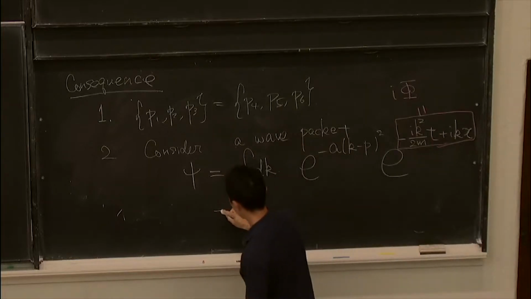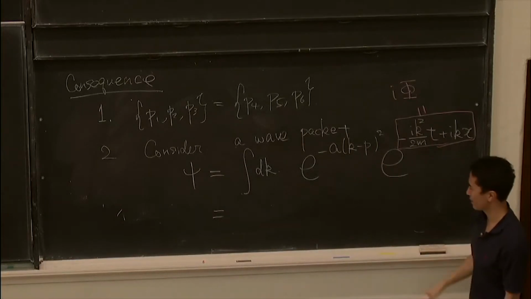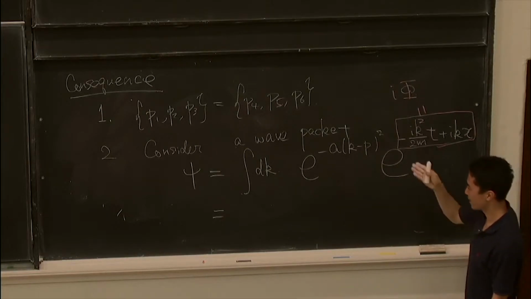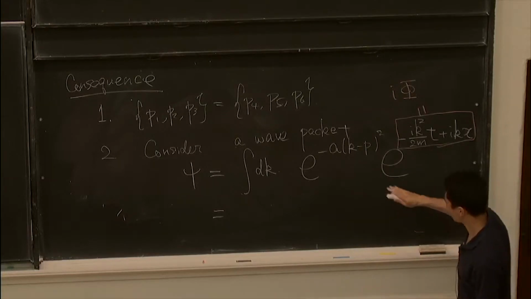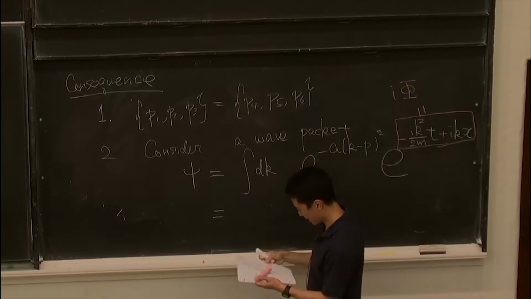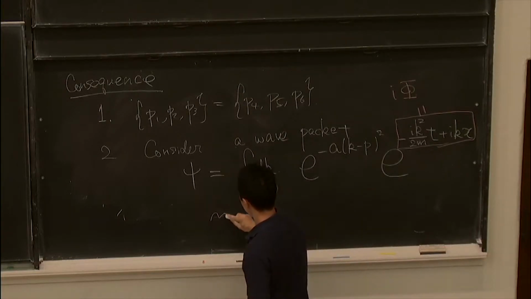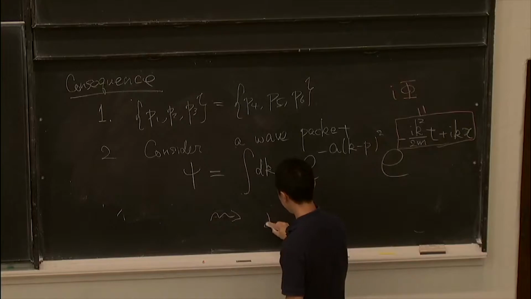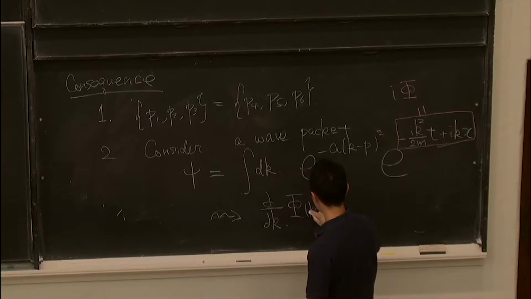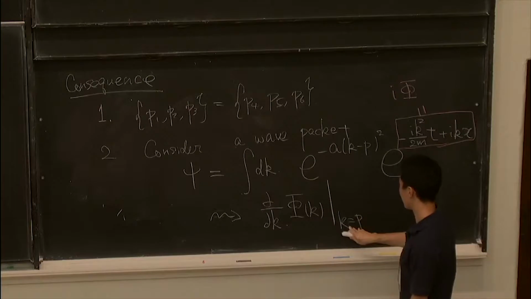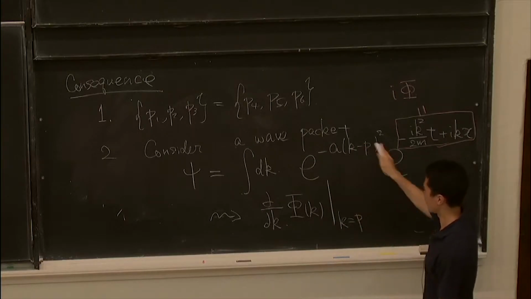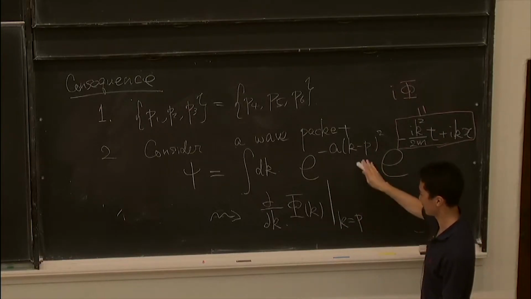This is a simple exercise. Because this is Gaussian, you can explicitly do the integral and look for the peak of this wave packet. But there is a much simpler way to find the peak of the wave packet, which is to take the derivative of this phase factor. So what you need to do is look for the stationary phase, and then finally evaluate k at P, which is the center of this Gaussian in the momentum space.